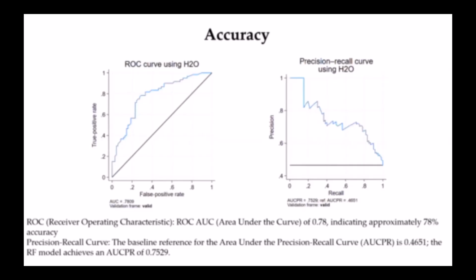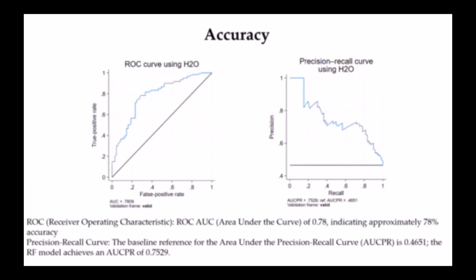And if you see the precision recall curve, this RF model achieves about 75%, but our threshold is 46%. So we actually surpassed that baseline accuracy.